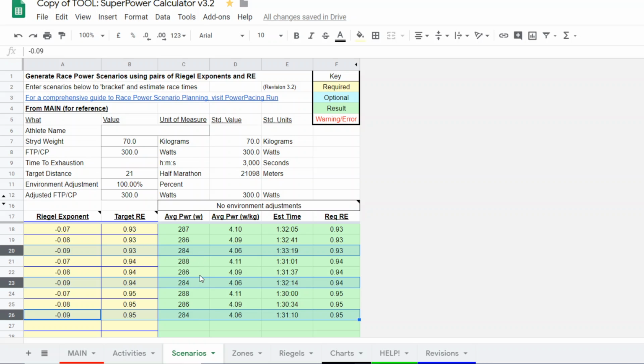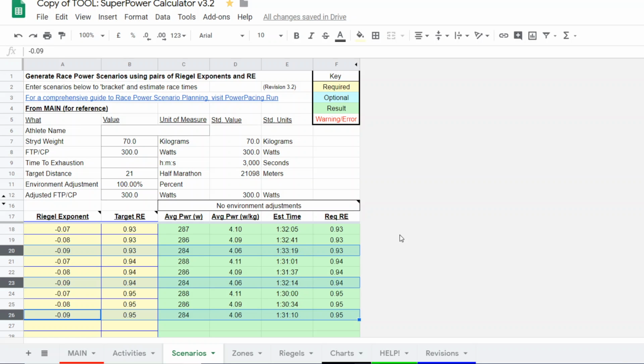Again, there's virtually no effect on the spread. But look at the effect on time. The estimated power that you could sustain is about the same. Running effectiveness didn't influence that. However, the spread in time is a little over 2 minutes.